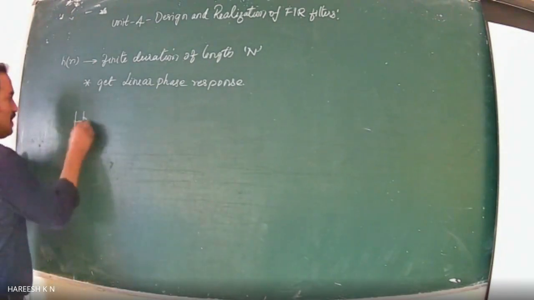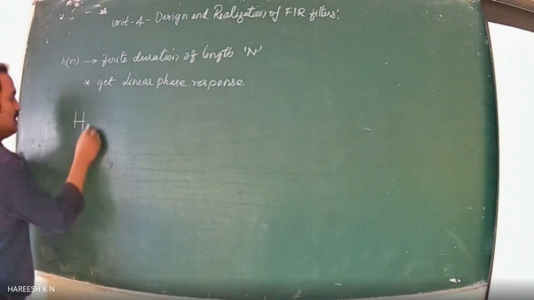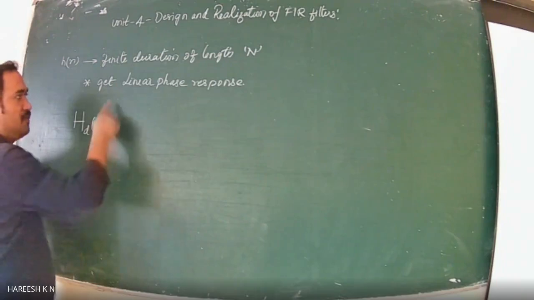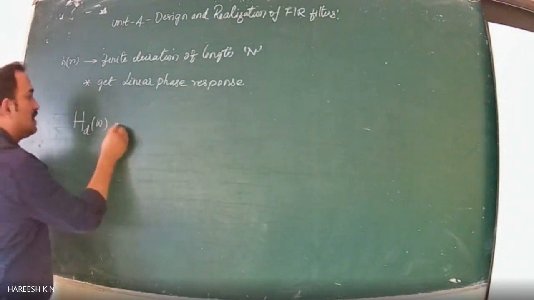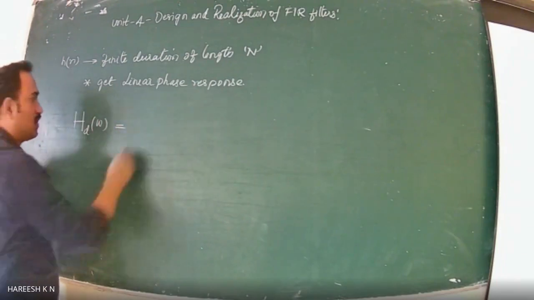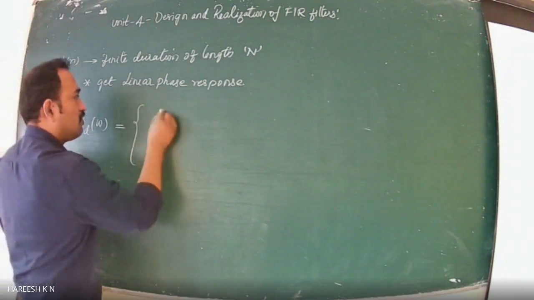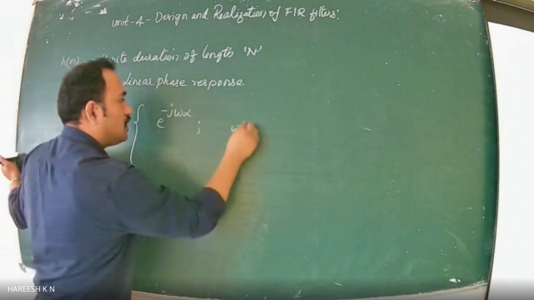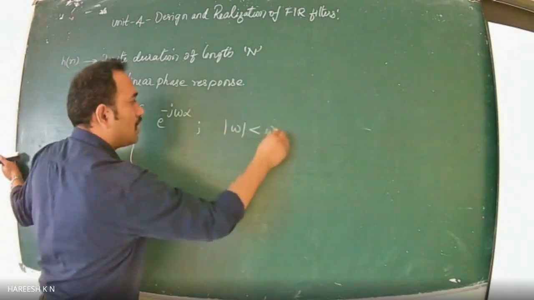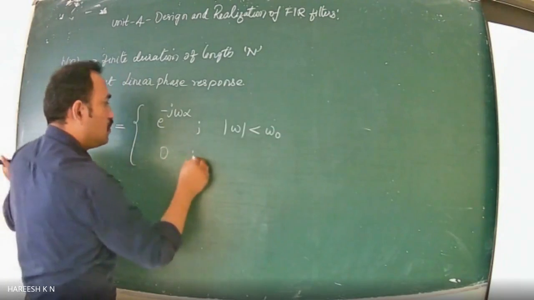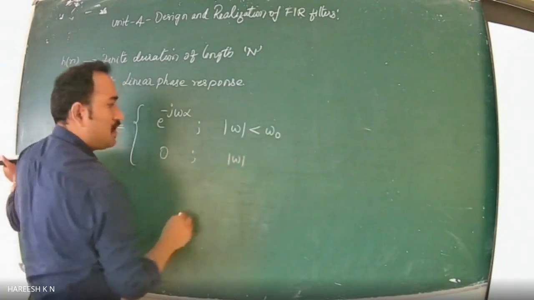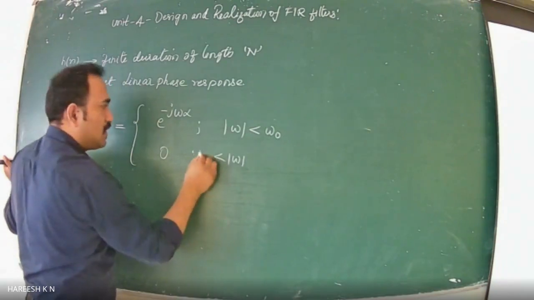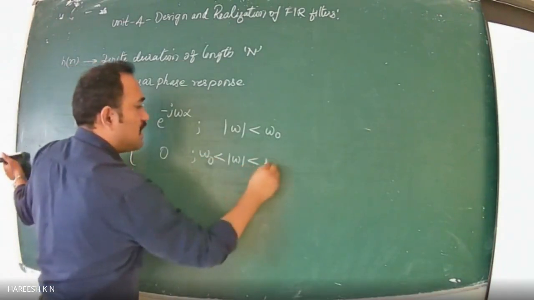Now, if the magnitude frequency response is seen, the frequency response of such a filter, where we will be getting a linear phase response, is of such expression, that is e to the power of minus j omega alpha for magnitude of omega less than omega naught, and it is 0 for magnitude of omega greater than omega naught and less than pi.